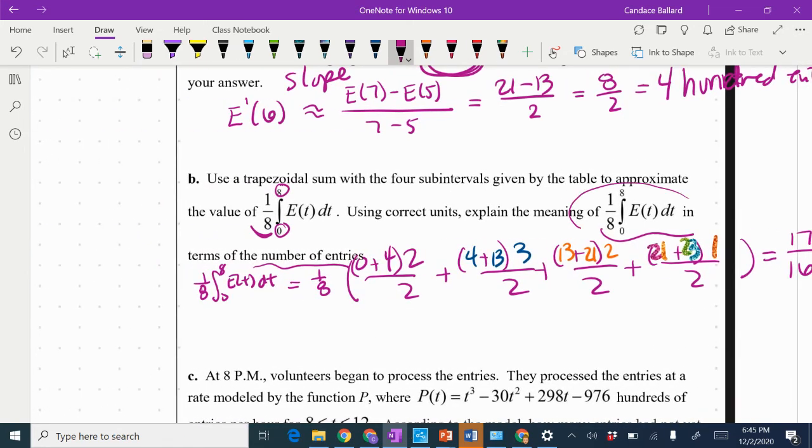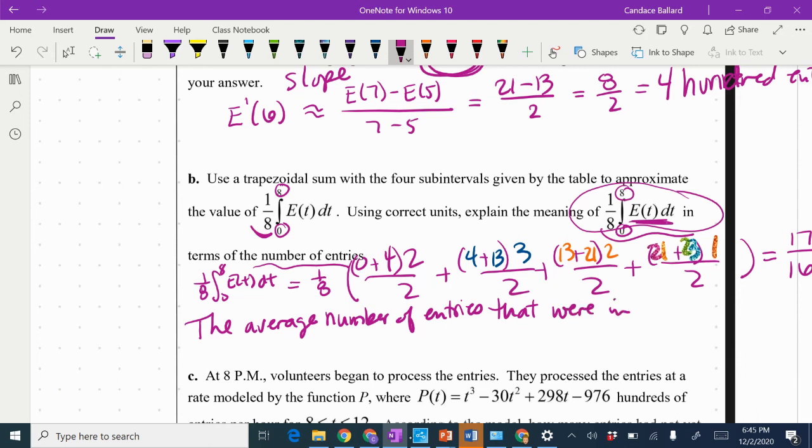So we did this at the end of the last lesson. We talked about what that means. Whenever you have the 1 over, and look at this, this is really 1 over b minus a. So that's talking about average. So we would say this is the average, and then this is representing the number of entries. So it's the average number of entries that were in the box. And then we need a time. The average number of entries that were in the box.